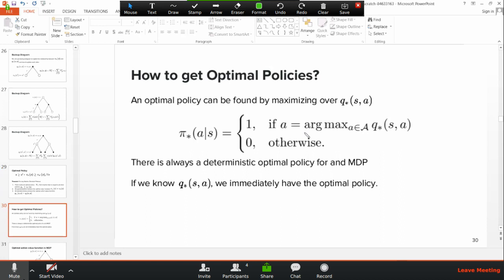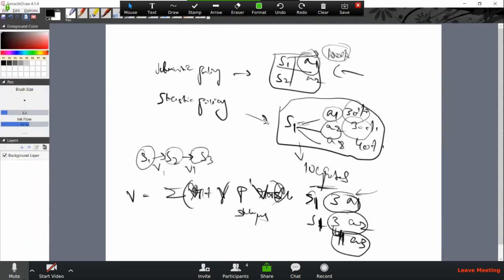Suppose you have taken this set of actions. Suppose you have some state S1, and you are calculating the Q values.